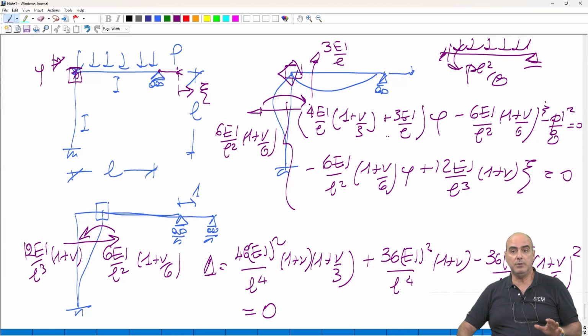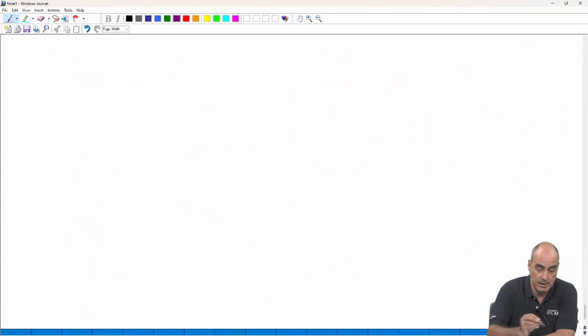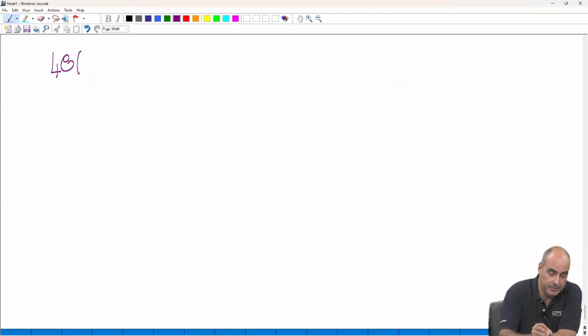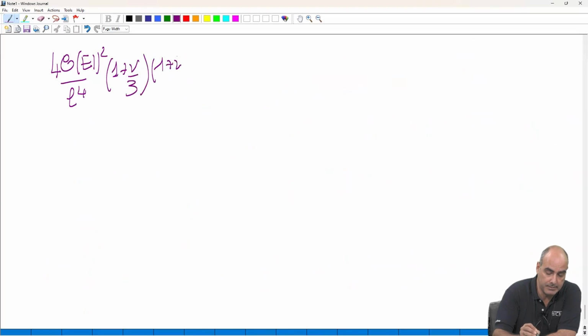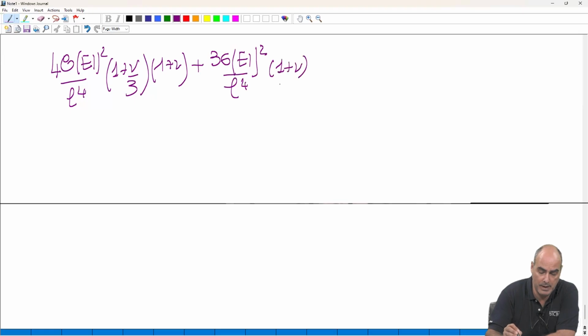Well, since it has to be equal to 0, it's now easy to look at it. I will just go back and forth to copy it in a better page. So what do we have? We have 48 EJ squared, L over 4, (1 plus n over 3), (1 plus n). Then I have plus 36 EJ squared over L4, (1 plus n).